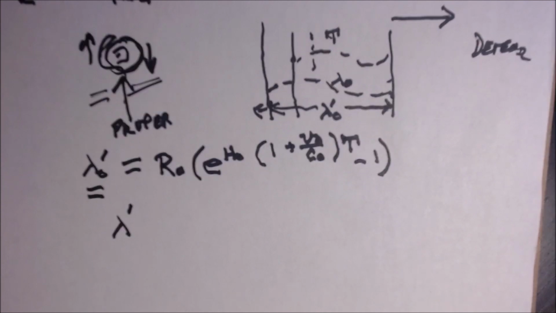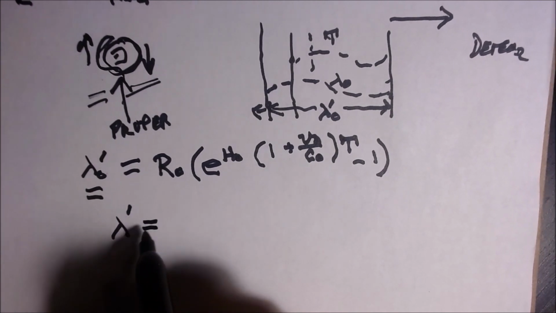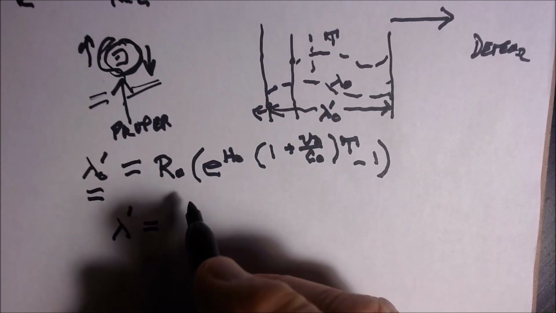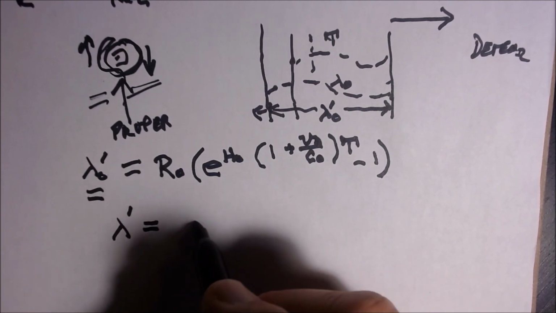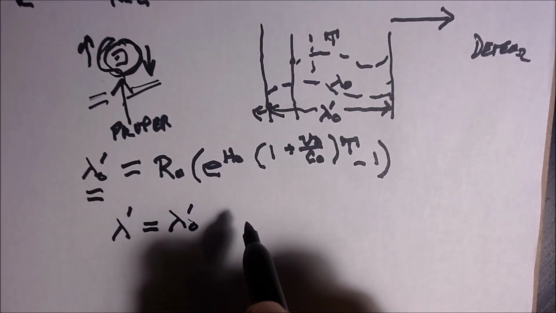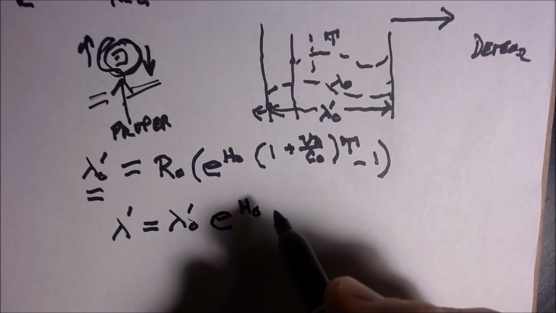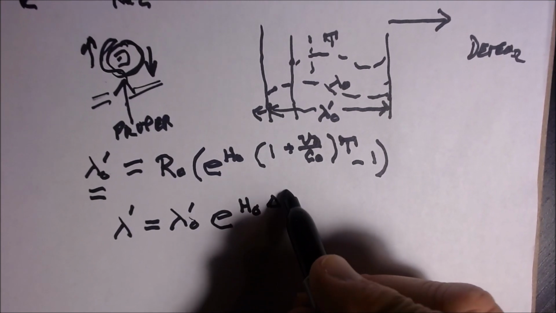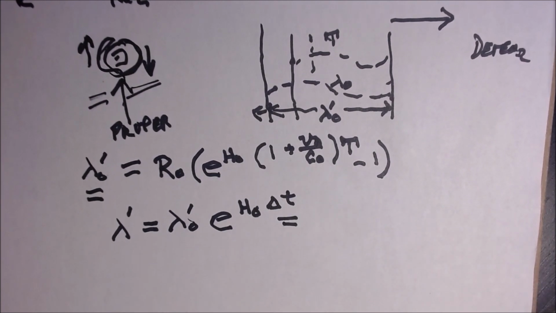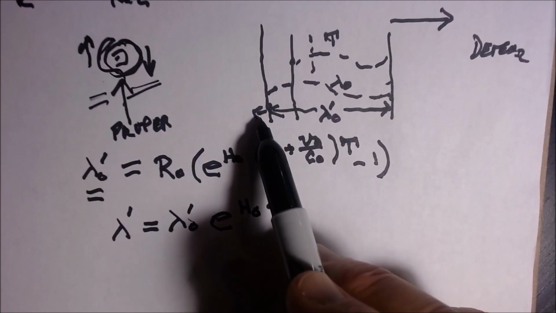The detector is going to get, this is the standard detector, a wavelength which started at this size, and that's lambda 0 prime, okay, got a lot of primes in here, times e to the h0 delta t, and this is once again time of flight. So that's expanding too, but the initial wavelength is changed because of this motion.